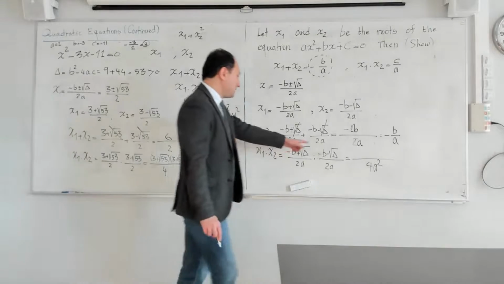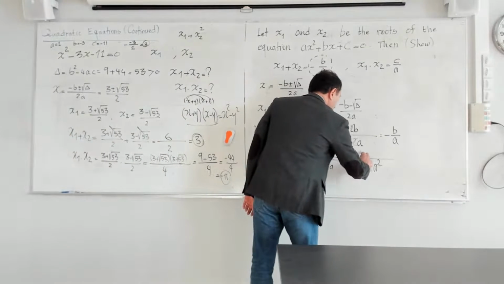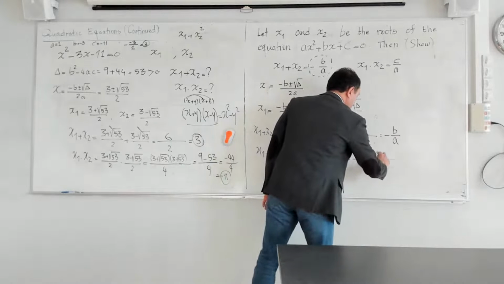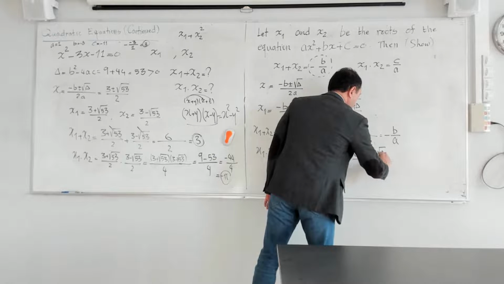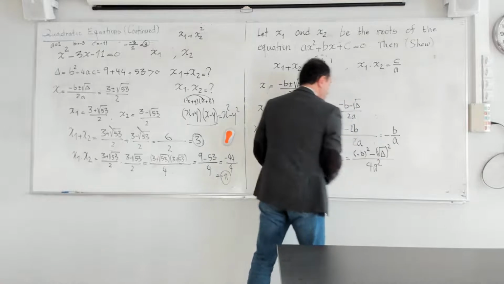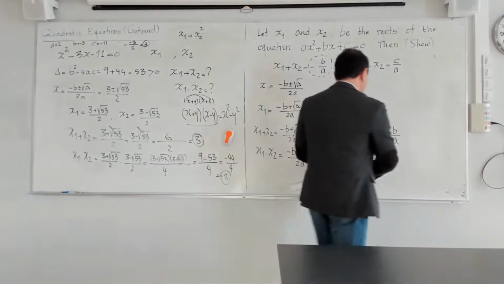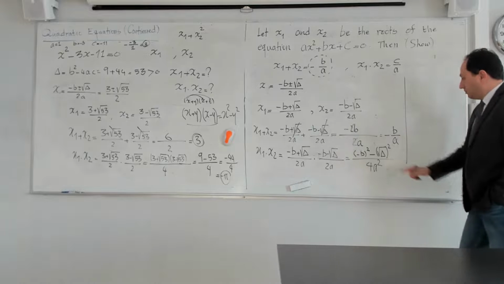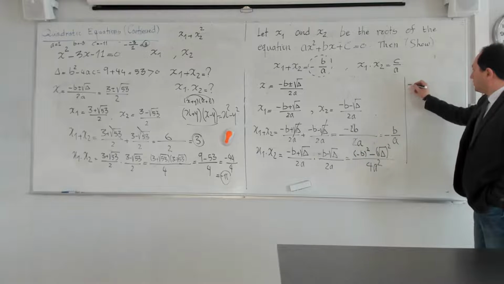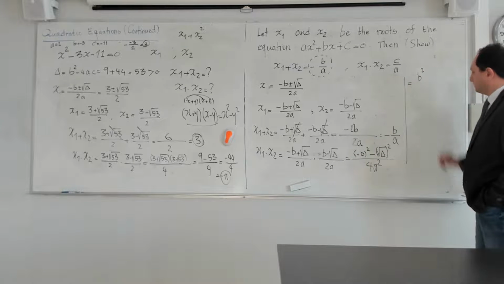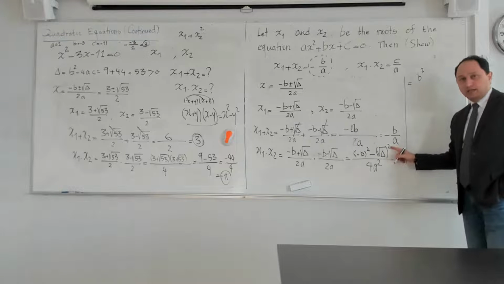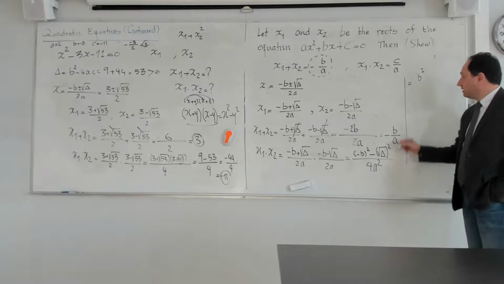So if I want to answer that, it becomes the first one to the 2 plus minus, always minus, the square root of delta to the 2. Then I need to be patient and simplify this a little bit algebraically. Okay, minus b to the power of 2 is just simply b to the 2. But the square root of delta is squared again, it becomes just delta, okay?